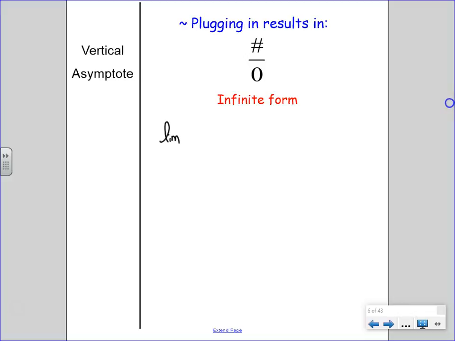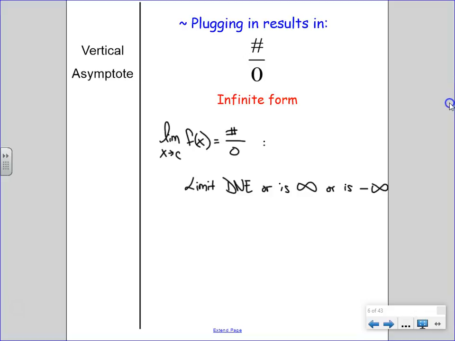What could the limit equal if you plug into a function and you end up with a number over 0? The limit either does not exist, or it could be either DNE or infinity, because they could be going to positive infinity or to negative infinity.